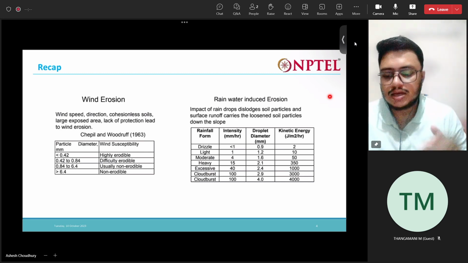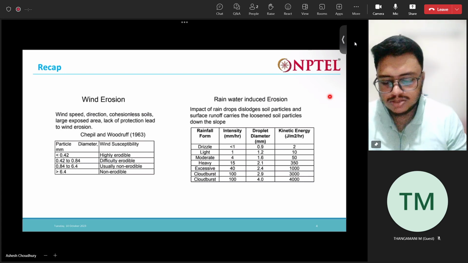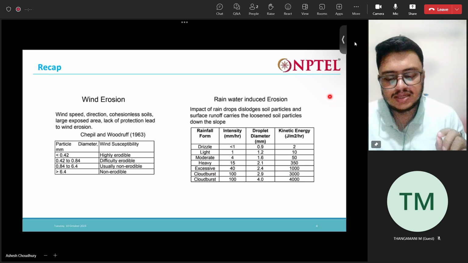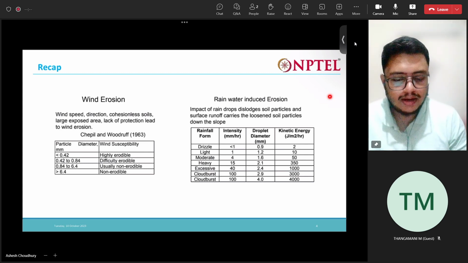Okay, 6.4 mm, I thought centimeter. 6.4 mm is very little, all are less than 1 centimeter. Anyway, these large particles are non-erodible. Then we have rain induced erosion. Here rain is classified based on its intensity and droplet diameter.